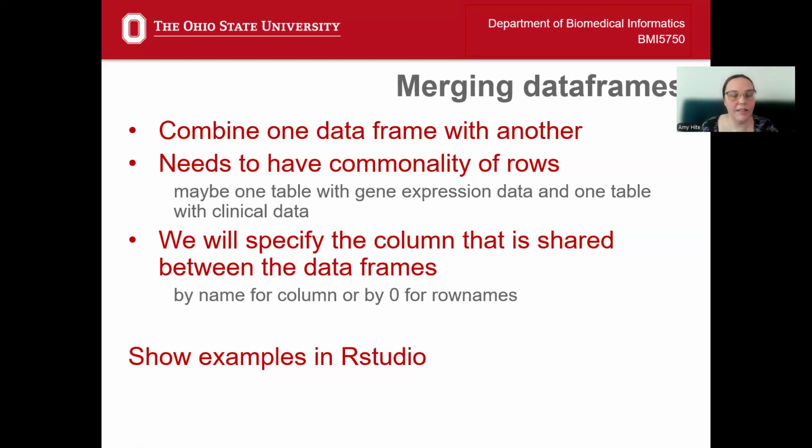I'll show an example later, but they're going to try to match up based on one particular column. We specify the column name of the tables that we're going to match on. If you're trying to match on row names, then you specify 0. And I'll show examples later.